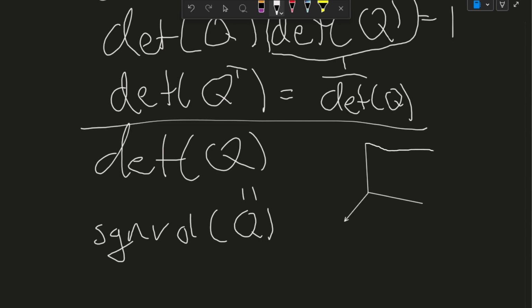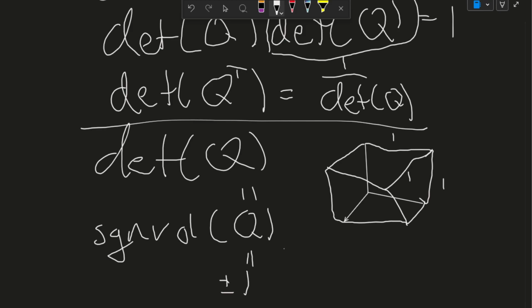So they're just going to make a box with side lengths all 1. Look at my terrible box drawing skills. These are all going to have side length 1. It's going to be a cube. So up to a sign, this determinant has got to be 1. So the determinant has got to be plus or minus 1.